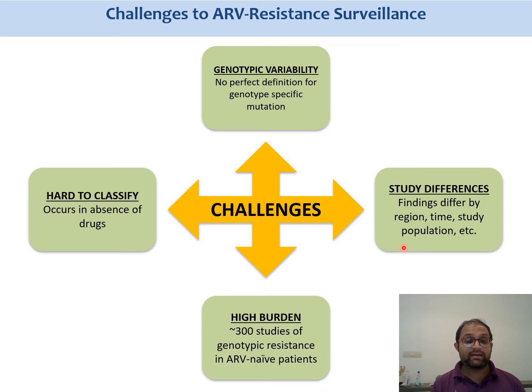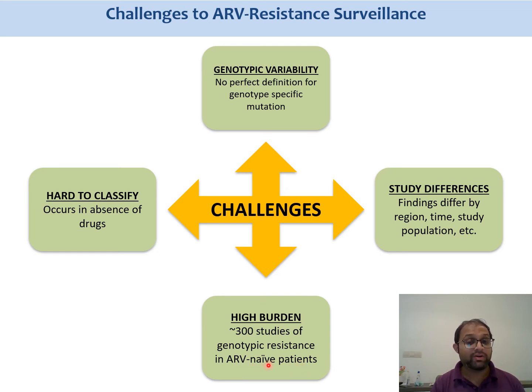And finally, the burden of HIV drug resistance mutation is very, very high. There are approximately 300 studies published within a span of 5 years looking at genotypic resistance in ART naive patients only. I'm not talking about those patients who are on treatment, but patients who haven't started the therapy yet.